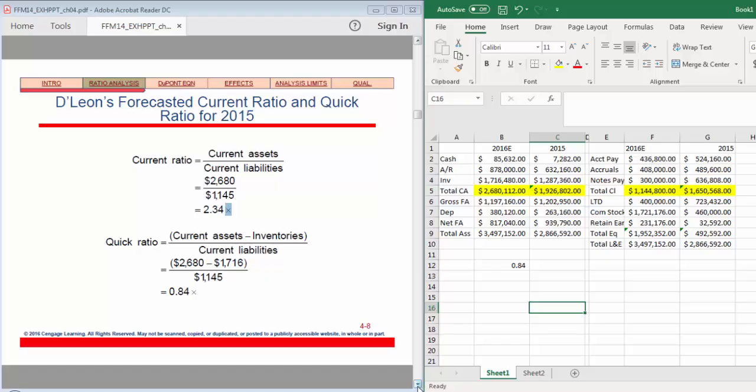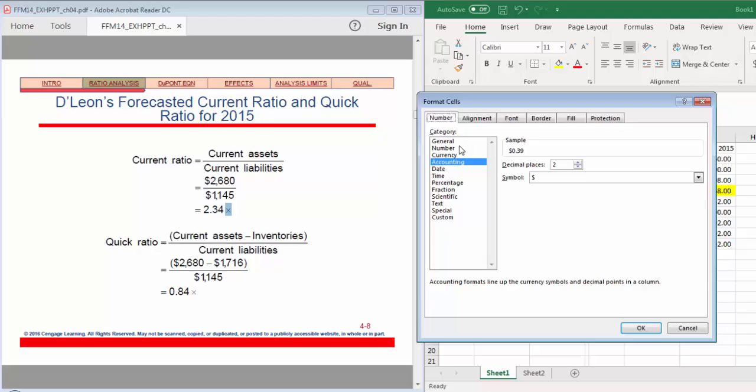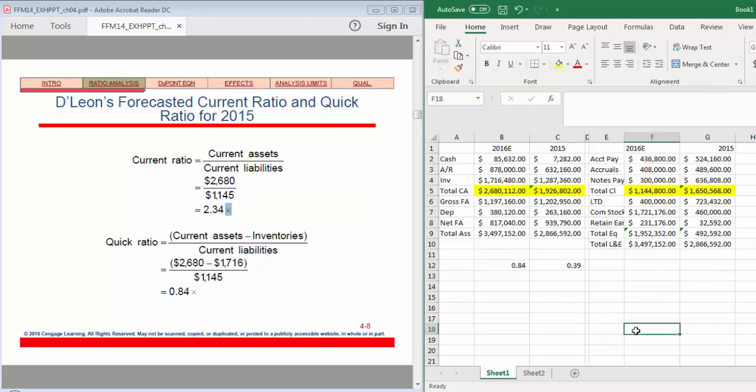Now the same situation, but let's compare this with 2015. So I take my total current assets less inventory and divide by 2015 current liabilities. Okay, so now you can see that it was even worse in 2015.